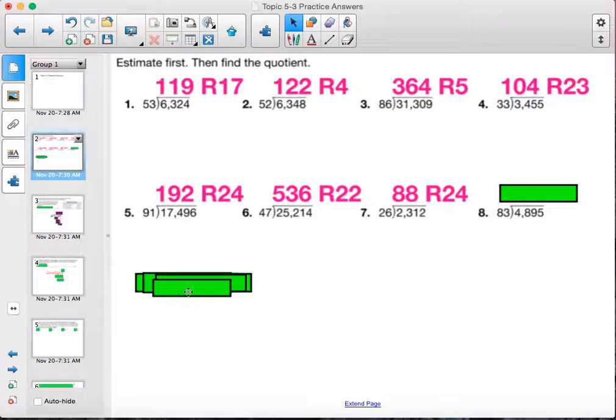The quotient is 88 with a remainder of 24. Number 8. The correct answer is 58 with a remainder of 81. Check those answers carefully, and if you have any questions, raise your hand.